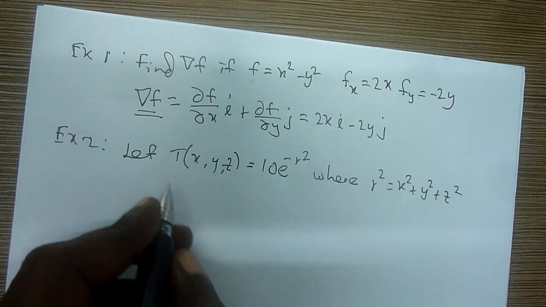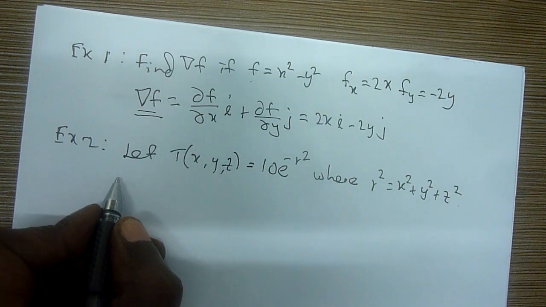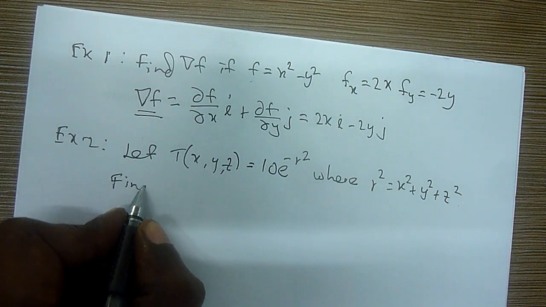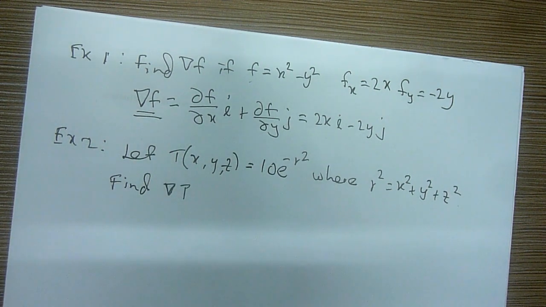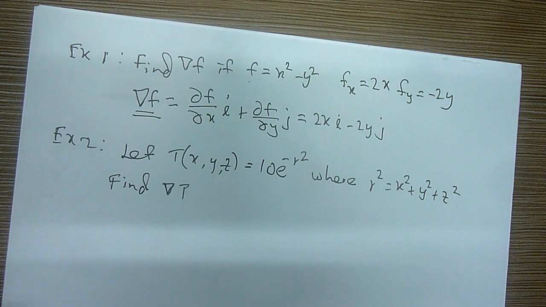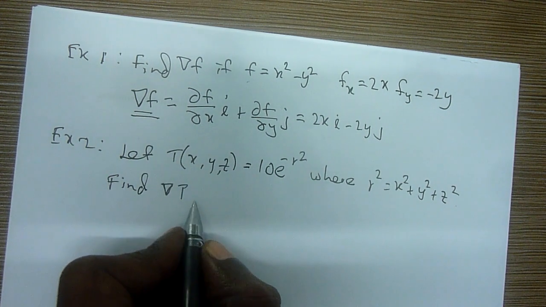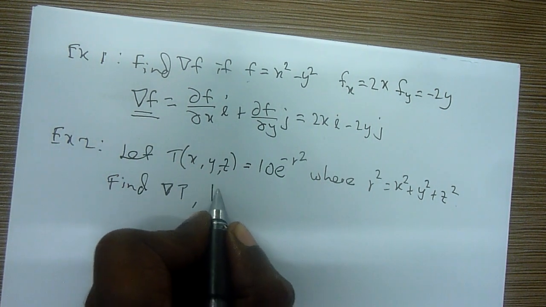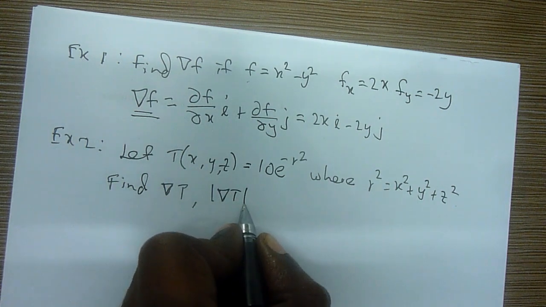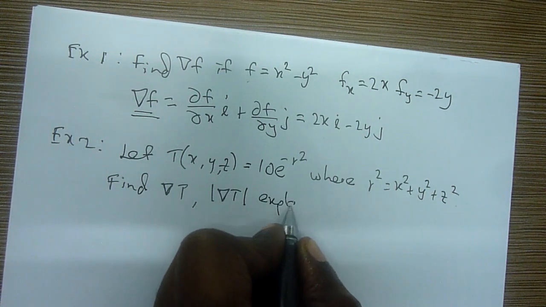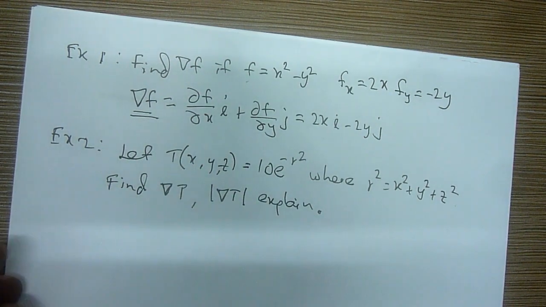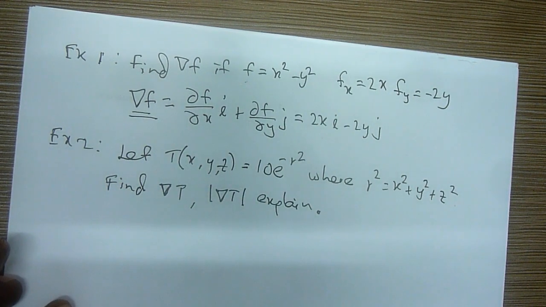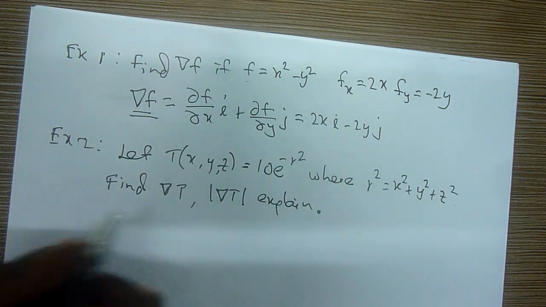Most probably you're able to get the scenario. Based on the scenario, they want you to find del T. This is a simple question, but let me connect and add one more note here. You just explain what is going on, how to elaborate the logic of this question.